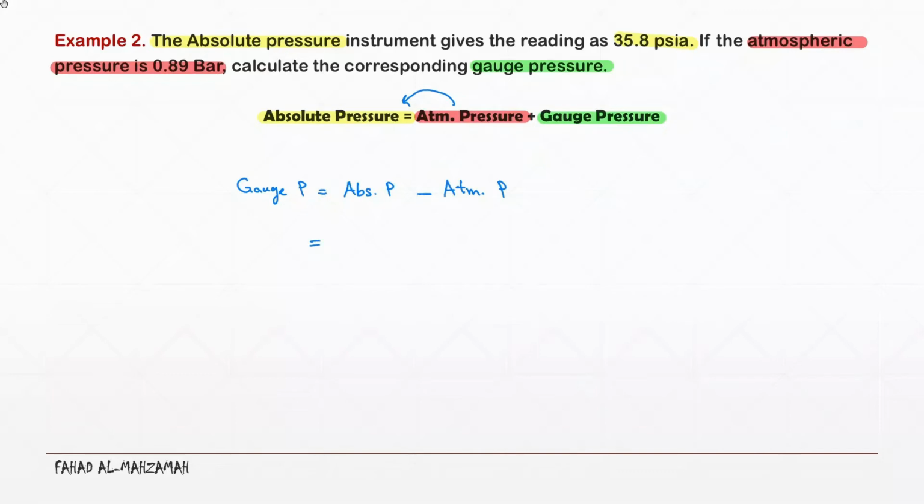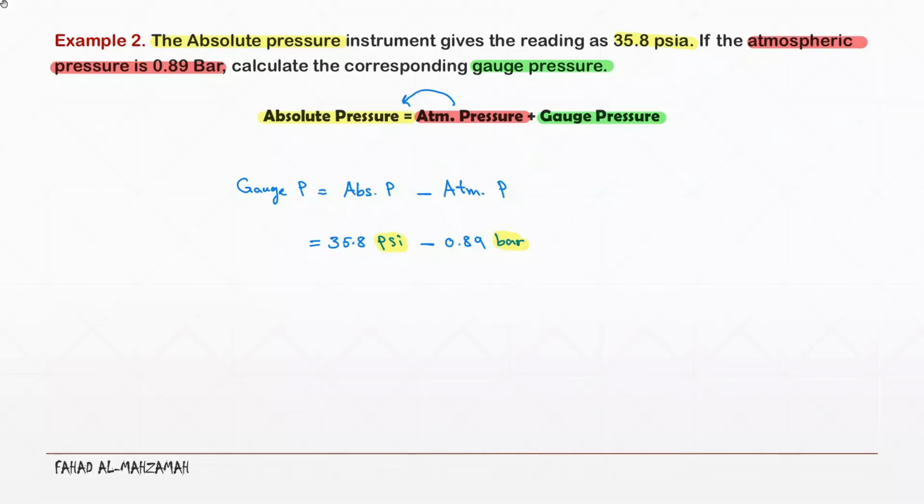The absolute pressure is 35.8 psi minus the atmospheric pressure, 0.89 bar. The same thing, you cannot subtract these two units because they are not the same, so convert one to the other.